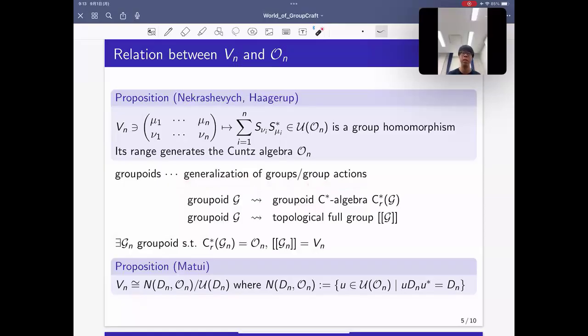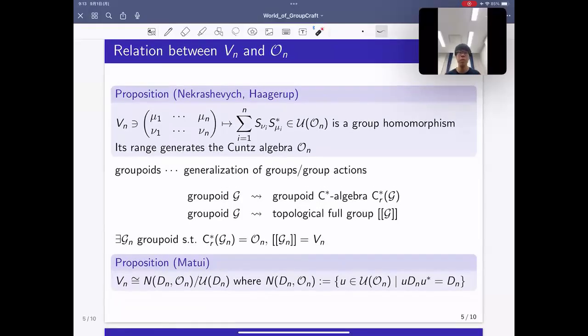Groupoids are groups with many units, and we may think that arrows in a groupoid represent dynamics from a domain point to a range point. It is very local dynamics, meaning that we only consider domain points to range points, not globally.